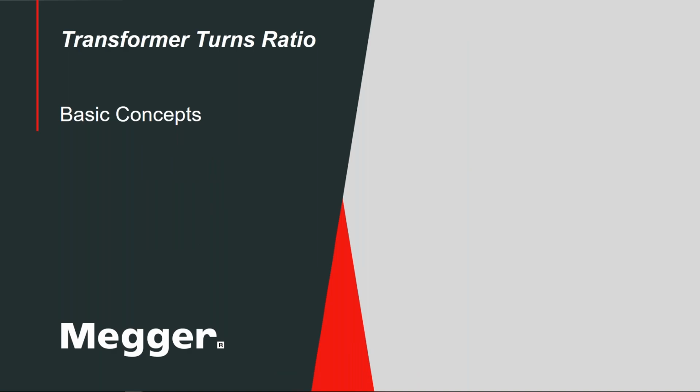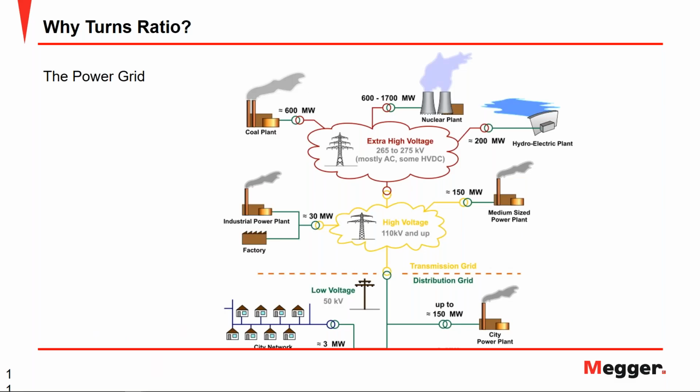So getting started, looking at some basic concepts, and why do we concern ourselves with turns ratio? Well, if you look at the power grid, all the way from extra high voltage to the high voltage lines, then down to the distribution grid, there are transformers all throughout the system.